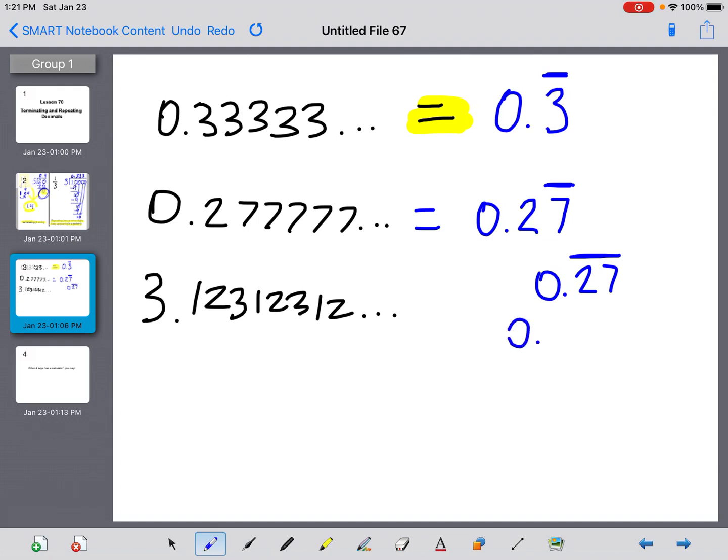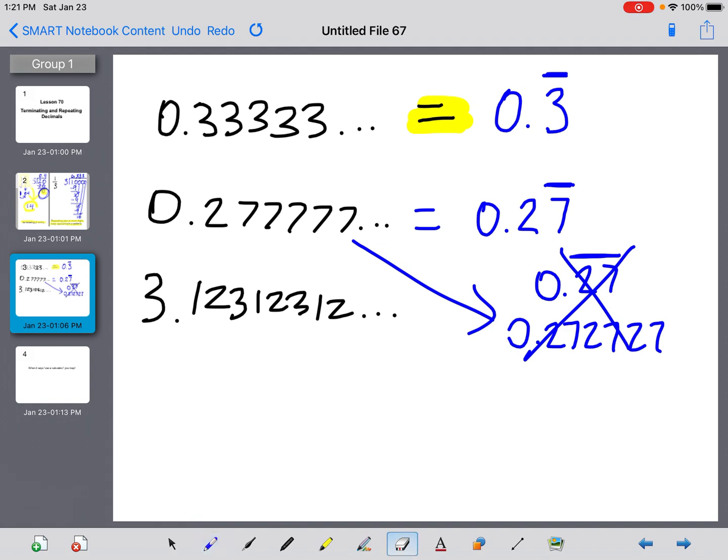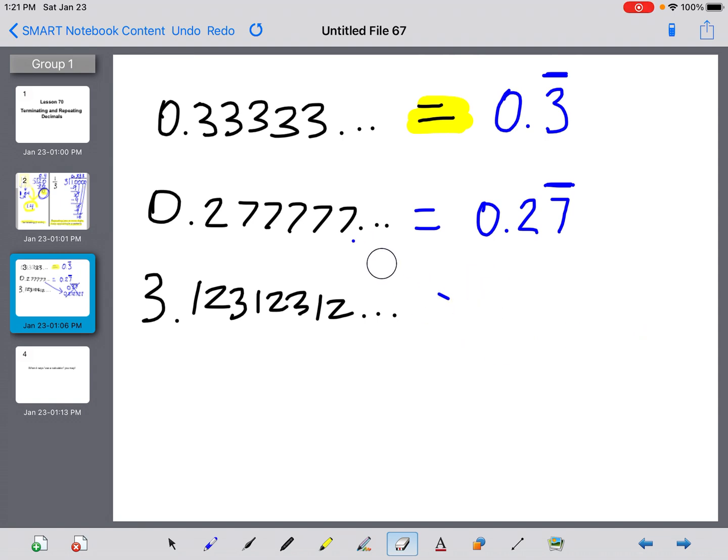Because what that would be representing is 0.272727, which is a different decimal than this one. So don't do that. Make sure that you put the bar just above the digit or digits that are doing the repeating. So if there's one in the front that is not repeating, it doesn't get that repeating bar.